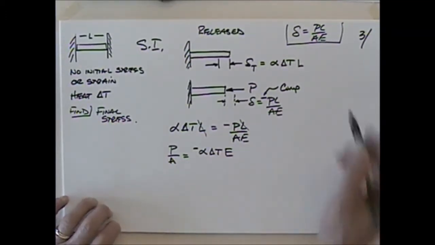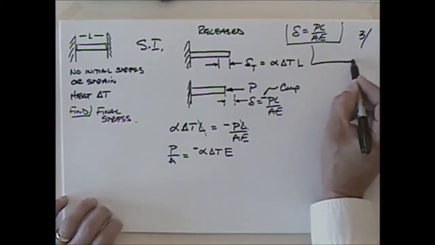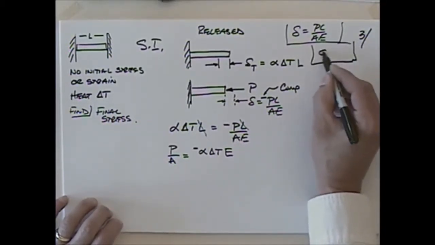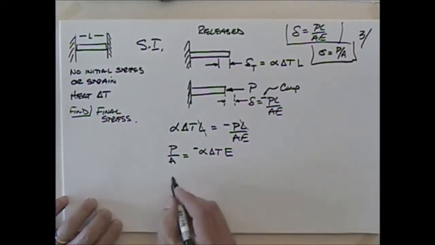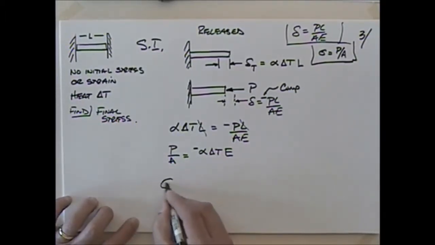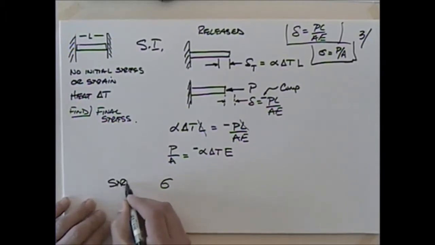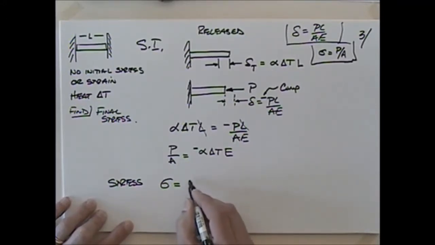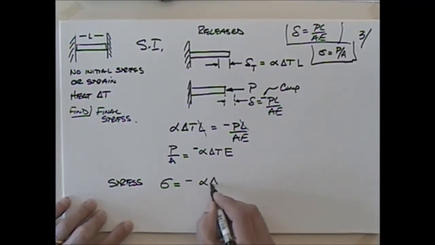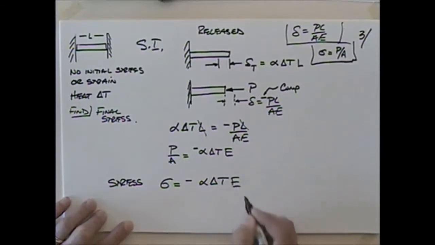Well, what's P over A? I guess if we have another general equation here, sigma is equal to P over A, isn't it? So that's the stress, that's what we're looking for, is equal to minus alpha times delta T times E.